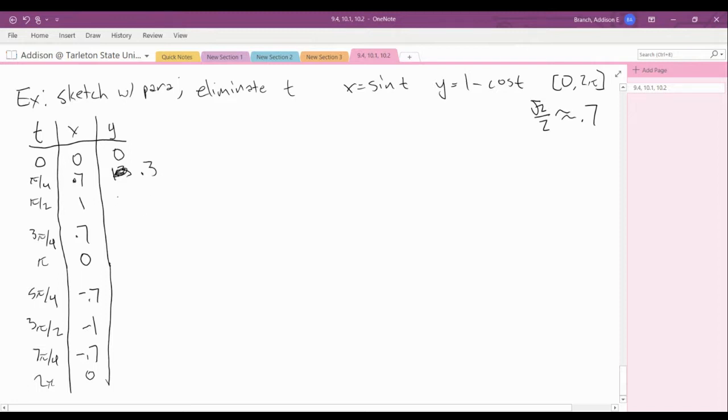Cosine of pi over 2 is 0, so 1 minus 0 is 1. 3 pi over 4, we're in the second quadrant now, so cosine is going to be negative, so we get 1 minus a negative 0.7.